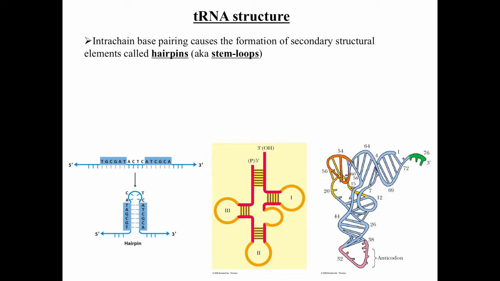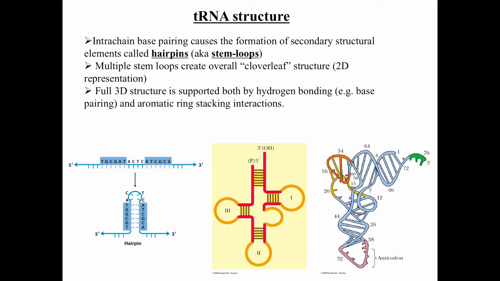And this is actually a closer representation of the three-dimensional structure of transfer RNAs. So it forms this cloverleaf structure, and this is really the full three-dimensional structure where you have hydrogen bonding from base pairing as well as base stacking interactions. You need to have this full three-dimensional structure for activity.